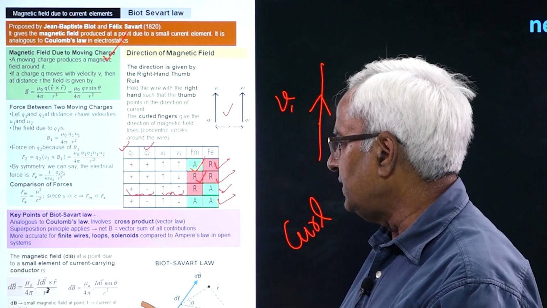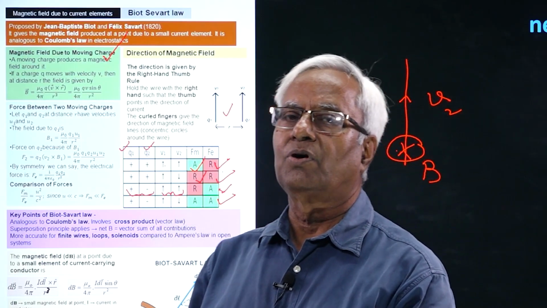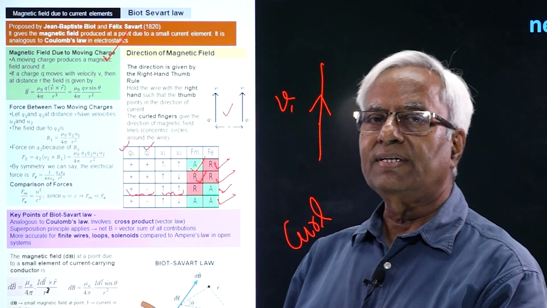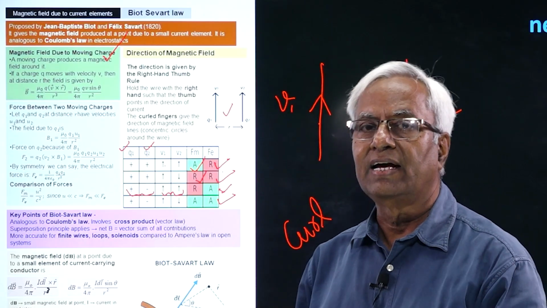Then we'll consider what is called the Biot-Savart law. This name was given for a current element.